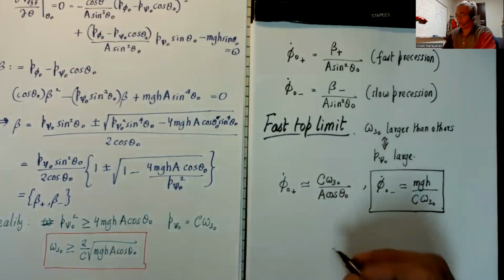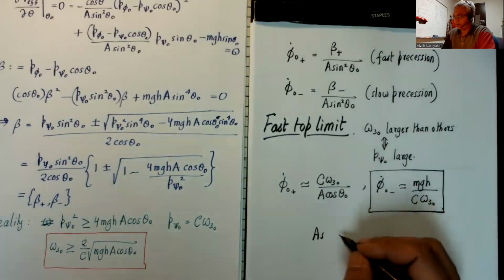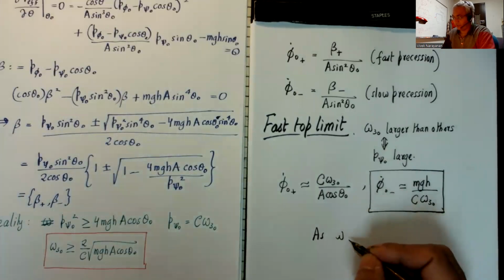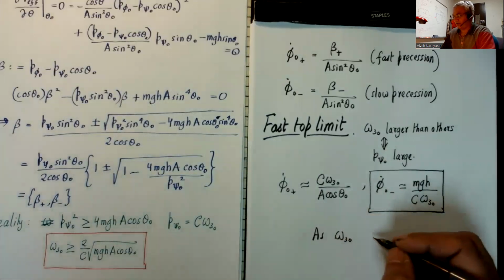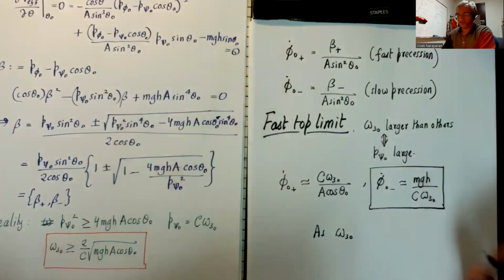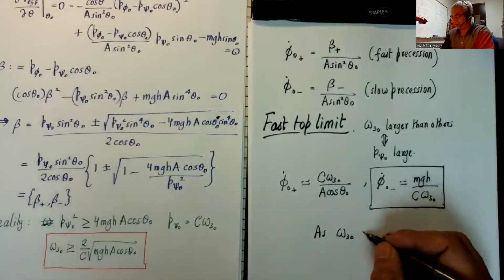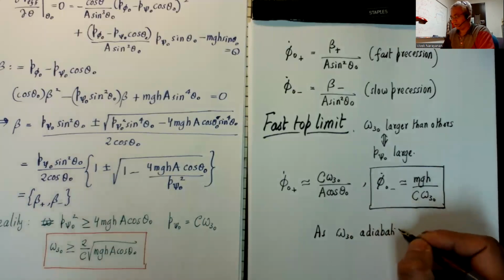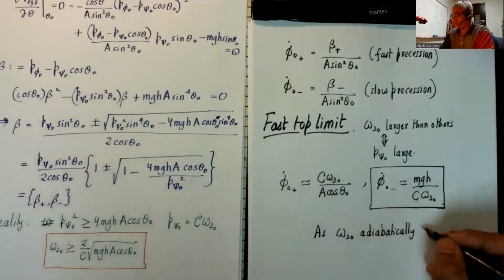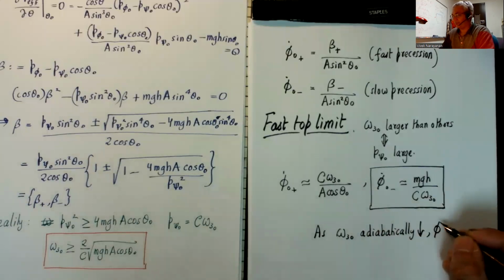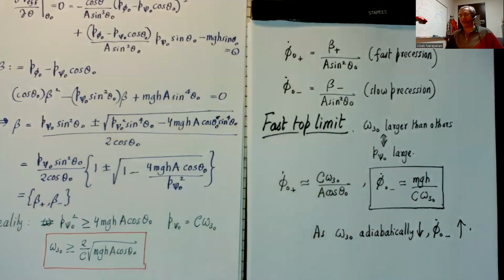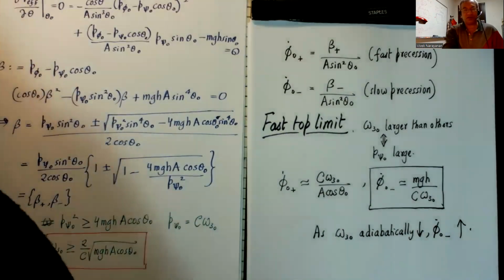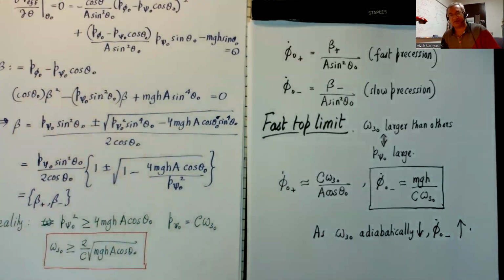So that makes sense. So we'll write here as omega 3 naught, it's not supposed to change because it's constant, but as omega 3 naught adiabatically goes down, you'll see that phi dot minus goes up. So that explains a very common feature of precessing tops in real life.